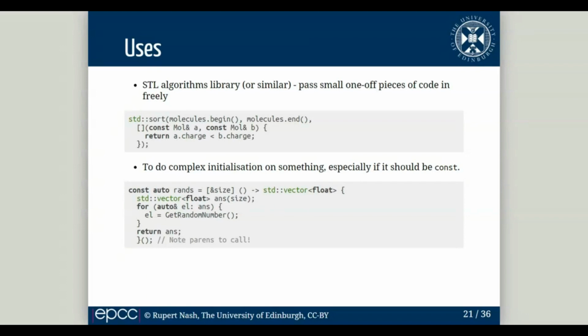We then, in the function body, have a standard vector of floats as being the answer, and we set the size through the capture, and then for every element, we range-based. We then get a random number for the element and return that, and then this is called instantly.